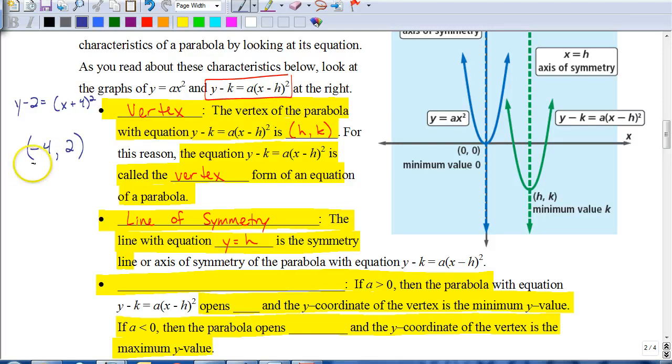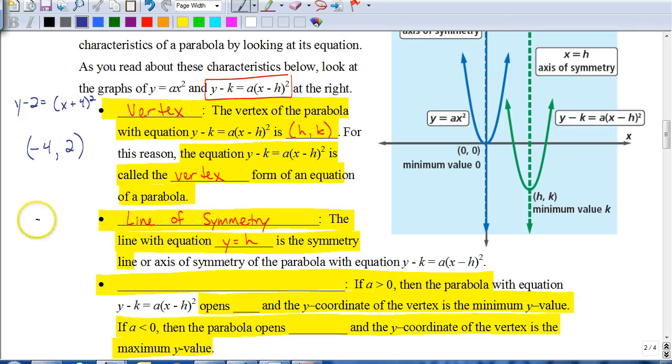Or if instead I had said 4 and negative 2, I'd get the wrong equation, because y minus negative 2 would actually be y plus 2. And that's not what we want. And inside of parentheses, instead of x minus 4, we want x plus 4. So that's why it has to be a negative 4 and a positive 2. And again, an easy way to do that is just take the opposite of what's happening to the x, which is negative 4, and the opposite of what's happening to y, which is a positive 2.